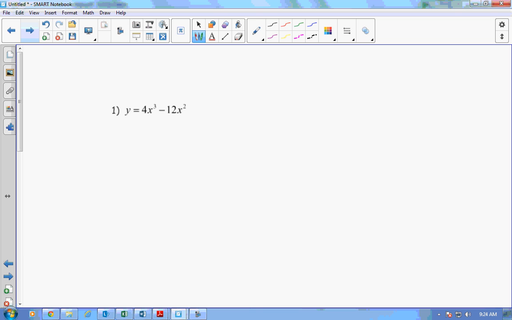Okay, so example 1, what is the domain of this cubic function? All real numbers. You can say all real numbers, or you can do negative infinity and positive infinity. You might want to write small in this, by the way. There's a lot to answer.